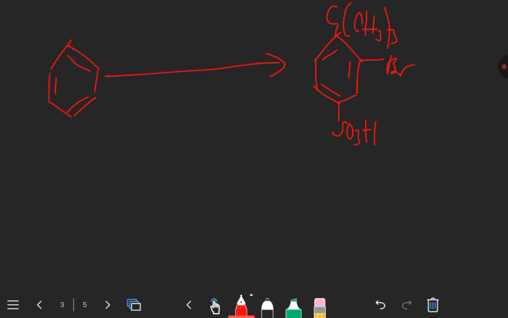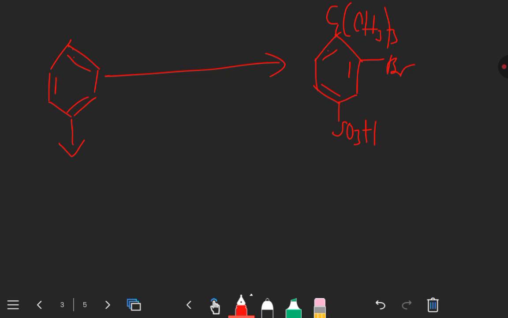So our first step will be, we'll see that this benzene on top is attached, on the para position rather, to C(CH3)3. Okay, so we can perform first a certain process known as alkylation.